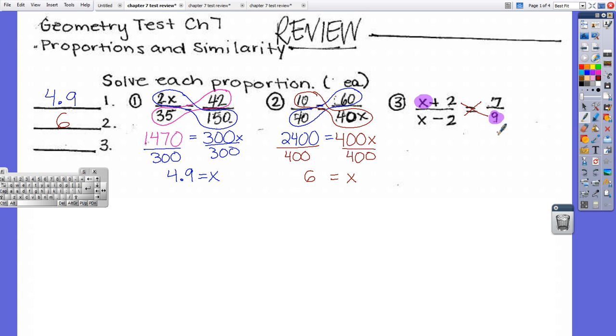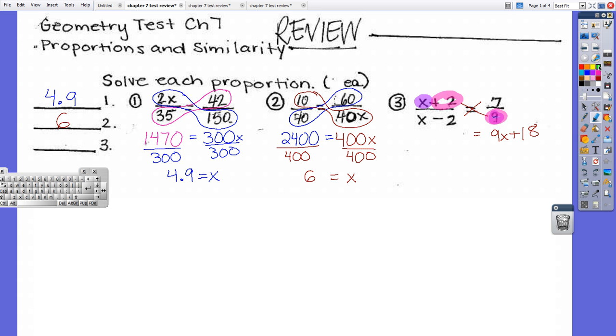Then I'm going to multiply my 9 times my positive 2. 9 times positive 2 is positive 18. Now I've multiplied that 9 times everything. If you need to cross out each one as you multiply it, just to make sure that you've multiplied it, that's perfectly fine. Now I'm going to multiply the other way.